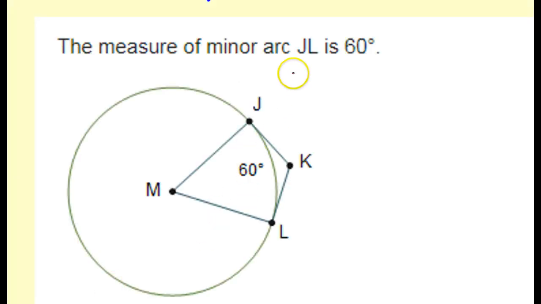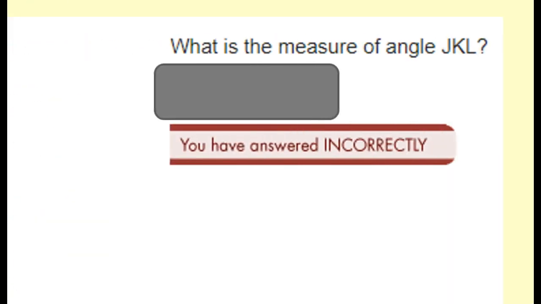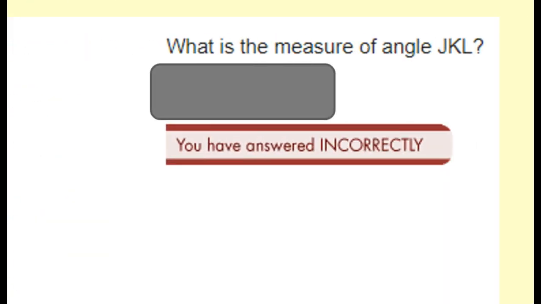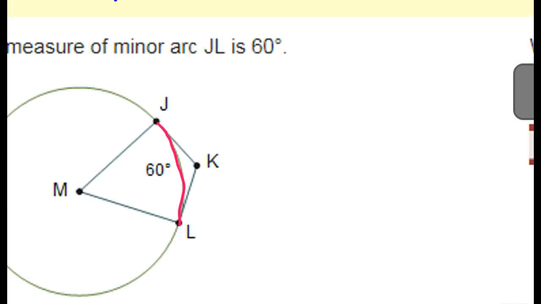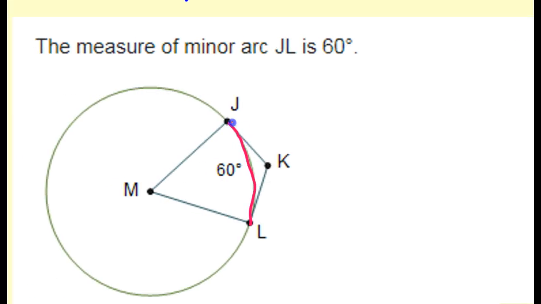Well, the measure of minor arc JL is 60 degrees. So this arc right here is 60 degrees. They want us to find the measure of angle JKL. Angle JKL is this angle right here.